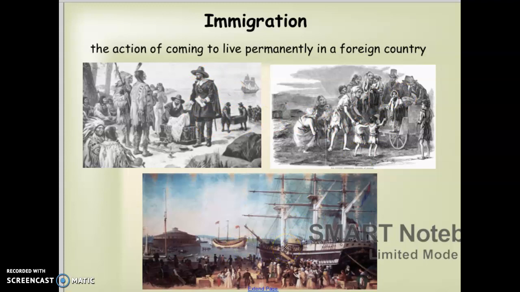For example, many of your families may have moved here from China or Italy or Korea, India, or somewhere else. But now your grandparents, parents, and you live in the United States. Most of us who live in the United States today are all here because somebody in our family tree immigrated and moved to the United States.